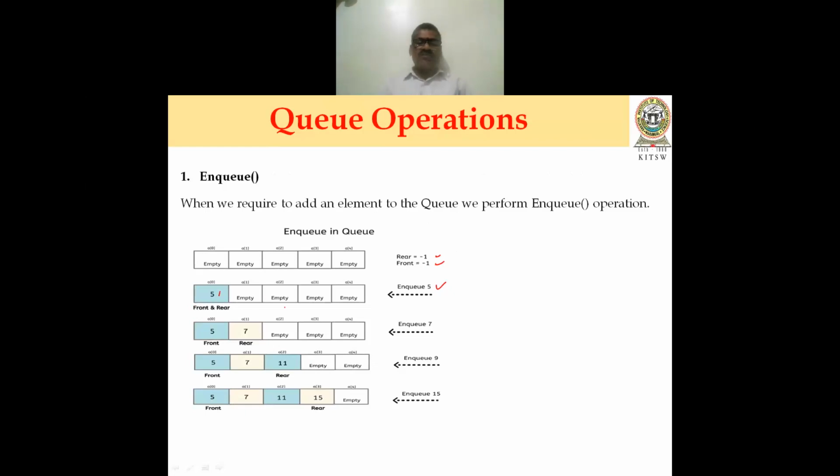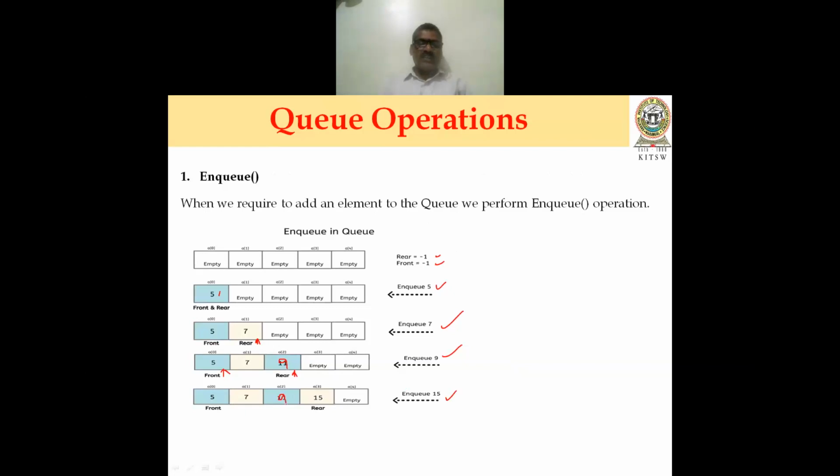Again, NQ of 7. We want to insert 7 here. Front stays at the 0th location, and rear moves to the first location. NQ of 9: we insert element 9. Now rear is at the A of 2 location and front is at the A of 0 location. Suppose we want NQ of 15.